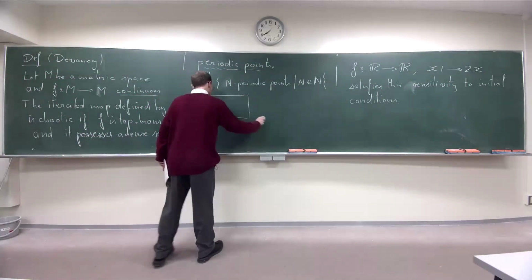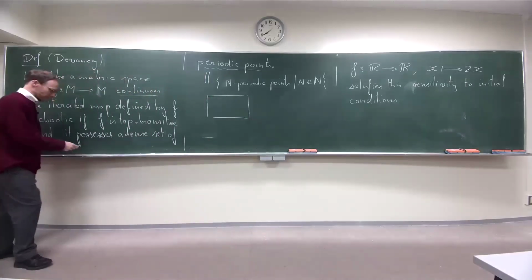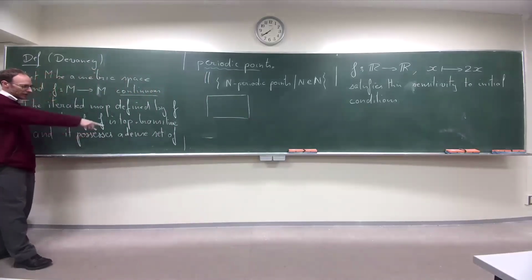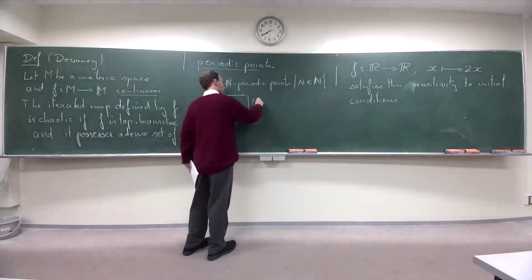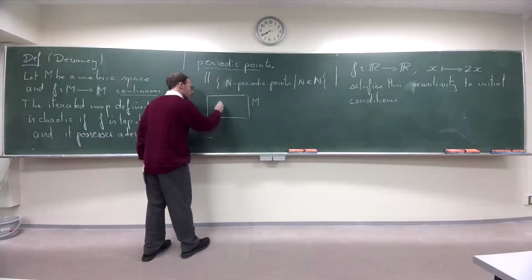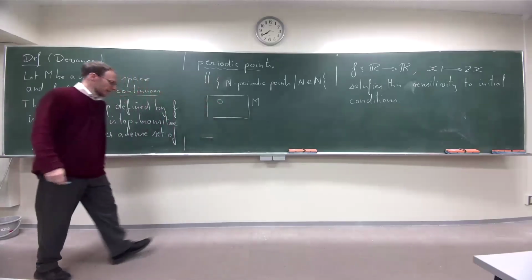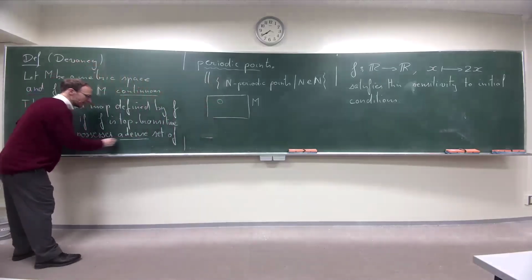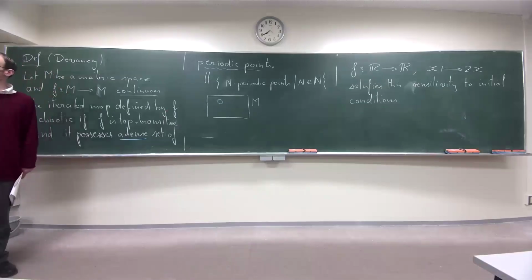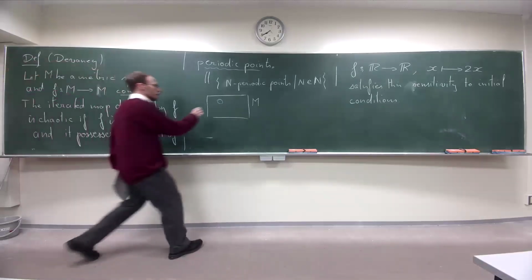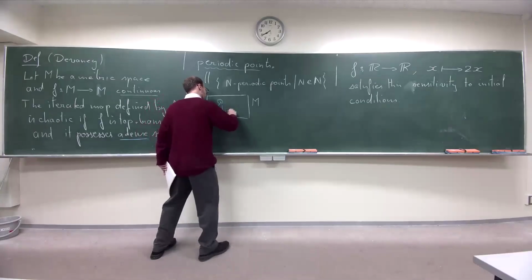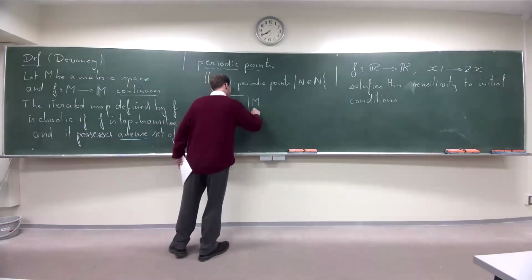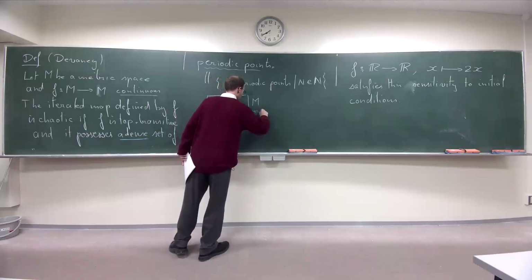The second condition means we possess a dense set of periodic points. So this is M. It means no matter which ball you take, again, I'm explaining what is dense, there exists a point inside which is n periodic for some n.